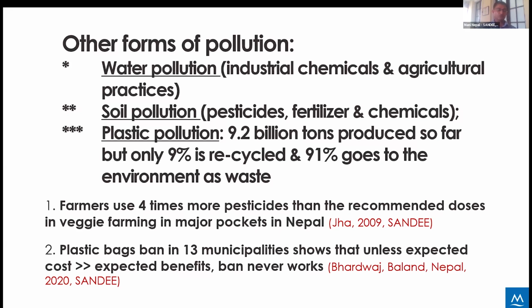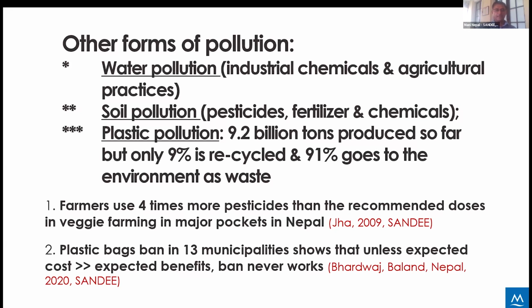Okay, and they actually tend to spread 4 times more than recommended doses. And what happens if they spray more? One is it is harmful to the soil, it's harmful to the environment, it's harmful to the pollinators, but it is also harmful to our health, because if we consume vegetables that have a lot of pesticides, it has a direct connection with our health.